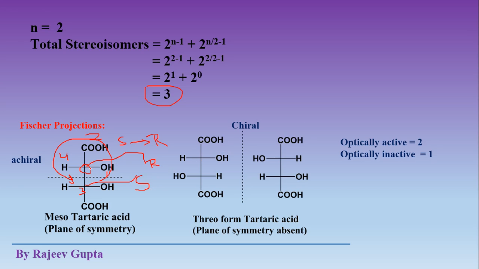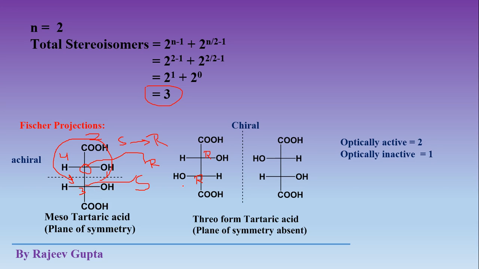If OH is present on the right side, we assign R. If OH is present on the left side, in this case again we will assign R. Both are RR, because this configuration is S at this second chiral center.